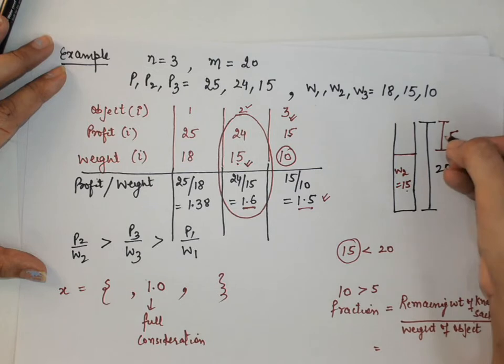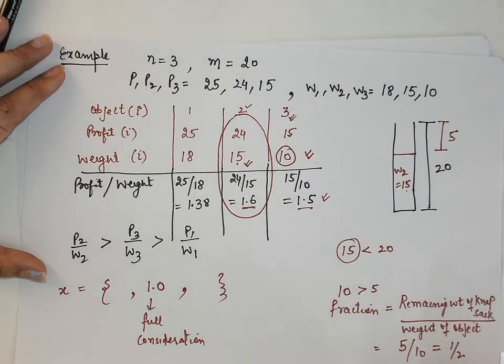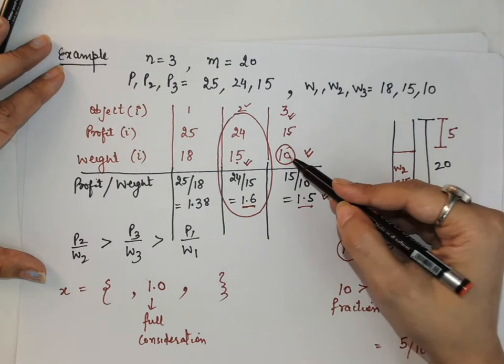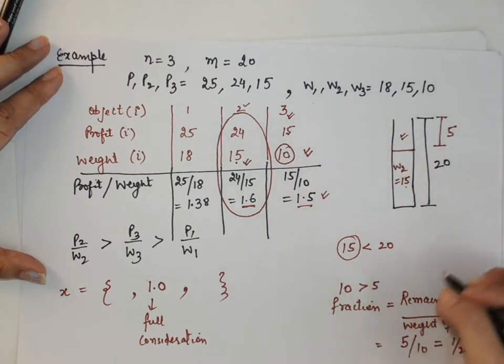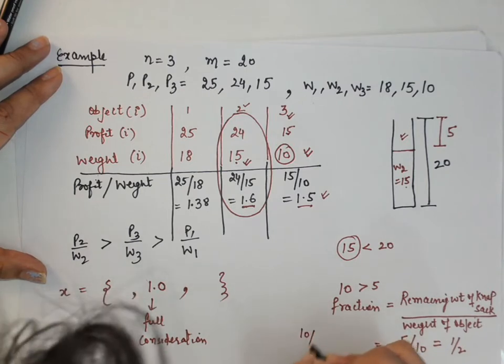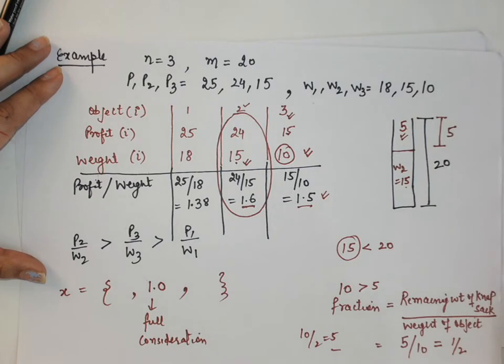So what is the remaining weight of knapsack? That is equal to 5. What is the weight of object? That is equal to 10. So what would be the fraction? 1 by 2. So I have to put half of this weight into my knapsack. So calculate 10 divided by 2, 5. So I can put 5 units in my knapsack.